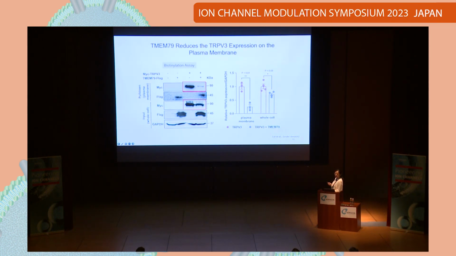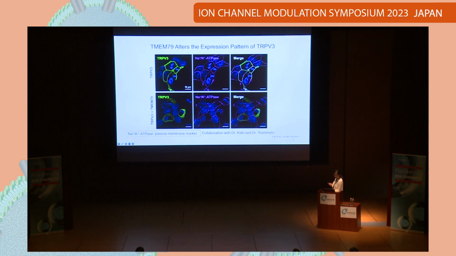So together with the previous patch clamp result, we conclude here that TMEM79 decreased the TRPV3 mediated current by reducing the expression level of TRPV3 on the plasma membrane. And in line with that, we also found TMEM79 changed the translocation of TRPV3 from the plasma membrane to the cytosolic side. So this is consistent with our previous result.